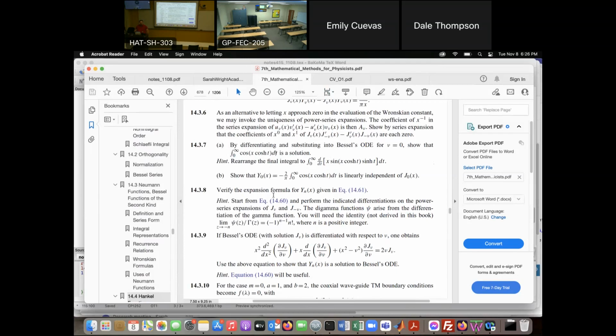That would work. Normally the way you show linear independence is you assume one is a multiple of the other and get a contradiction. But because these are solutions of the ODE, you have this other perspective you can use. I know the question before that you did some Wronskian formulas. Oh, yeah, I did that. Yeah, I'll do that then. Okay.